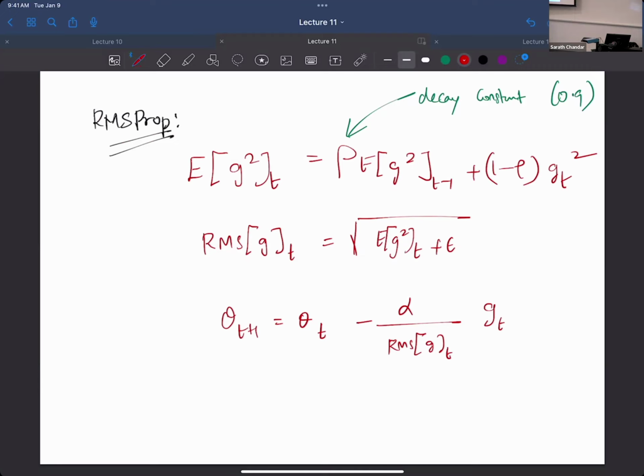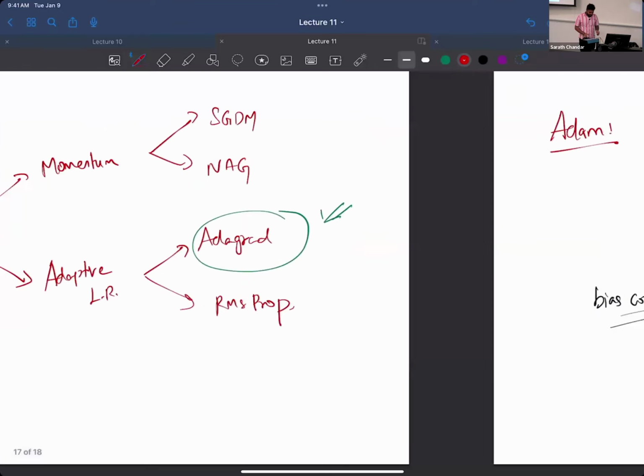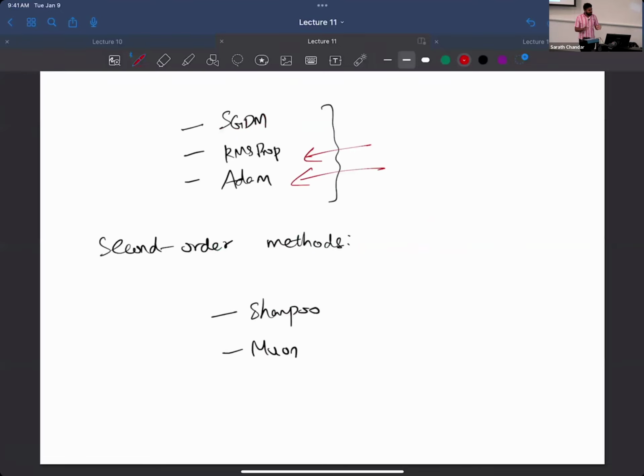Okay, so in some sense, this is already an approximation of Hessian. So you could argue that RMS prop and Adam are already approximations of second order methods, right? I would put them as something like 1.5 order methods. Okay, it's because it's neither first order nor second order. It's neither first order in the sense it's not just using the gradient, it's using some sort of g_t square as well, right? Which is an approximation for the Hessian. Is that clear?